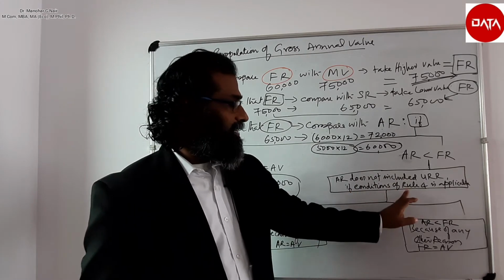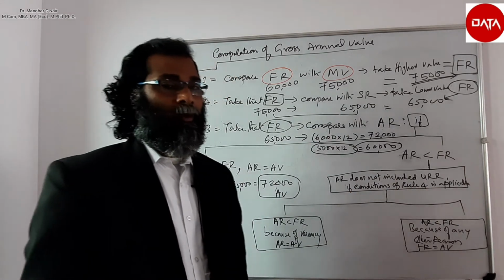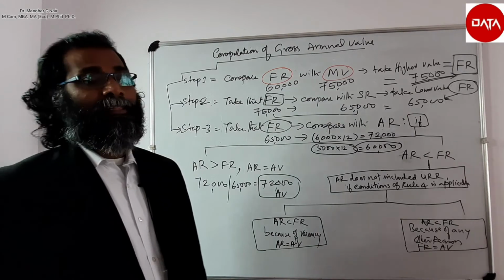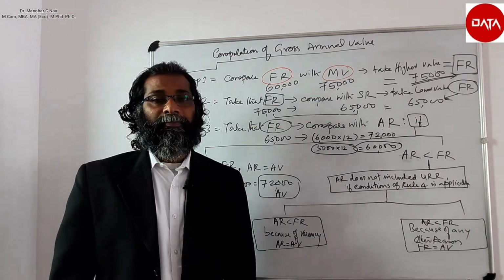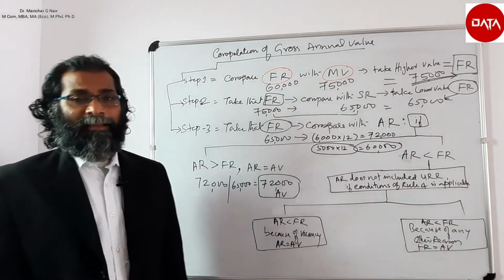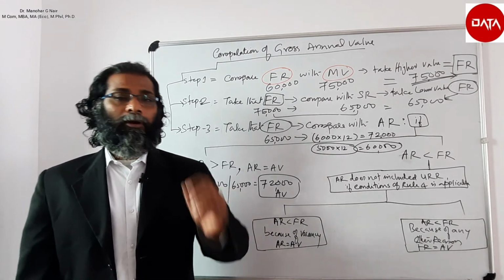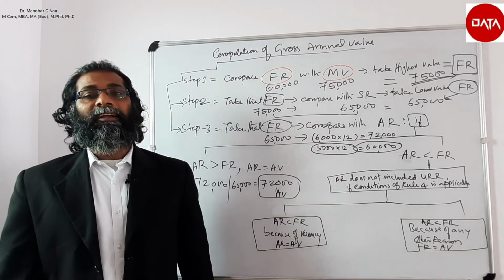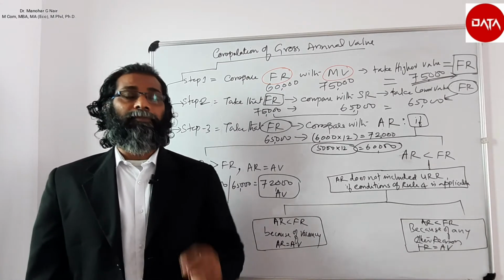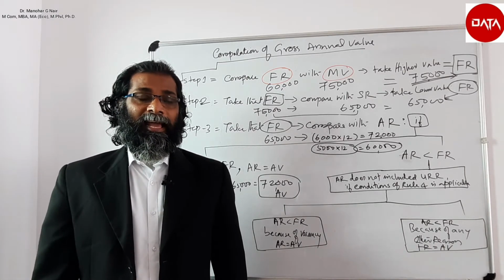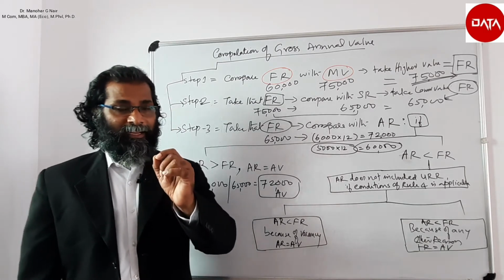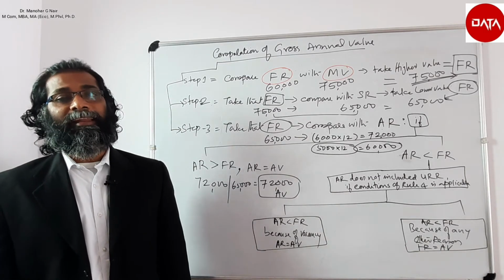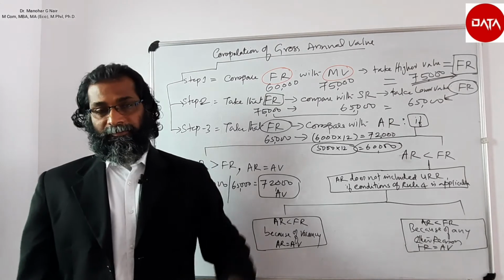And if conditions of rule 4 are applicable. So what is rule 4? The tenancy must be bona fide. If the tenant has made default on payment of the rent, steps must be taken by the landlord for recovery of the same. And he must have taken steps to vacate the tenant from the building.